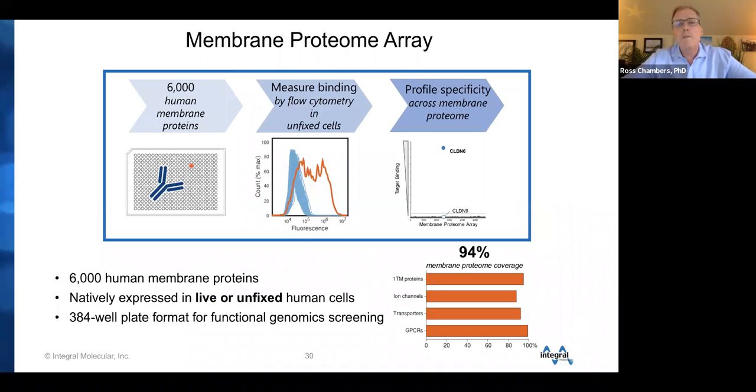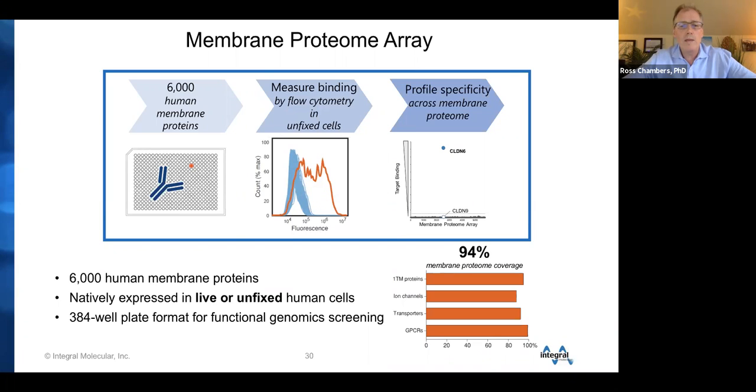So the solution that we've developed here at Integral is the membrane proteome array. This is essentially the entire human membrane proteome displayed on an array, 6,000 targets, that we can screen efficiently using high throughput flow cytometry.